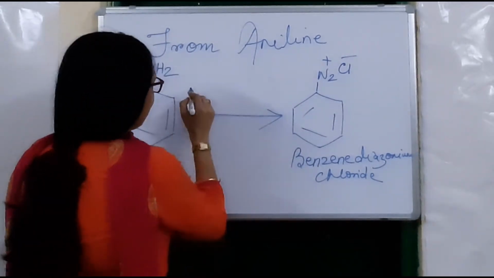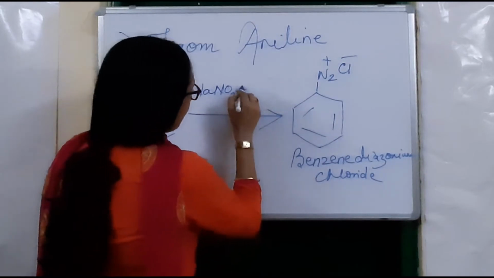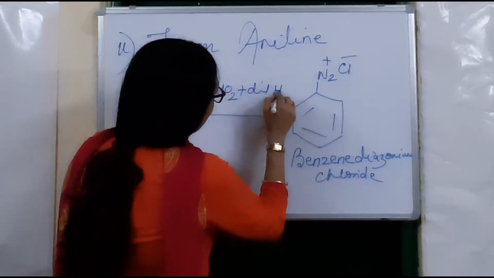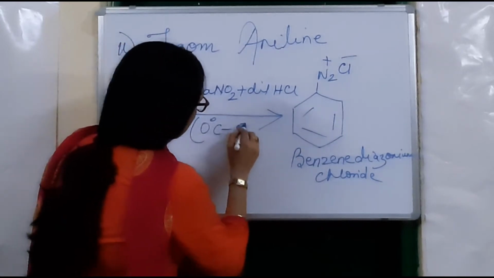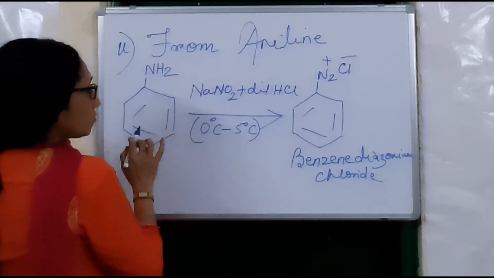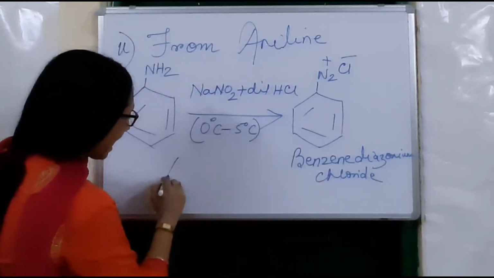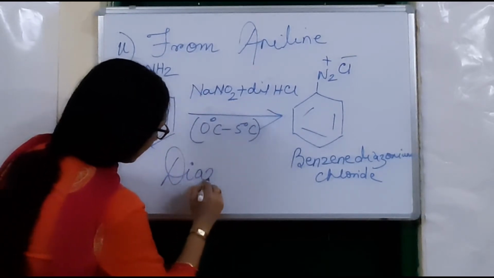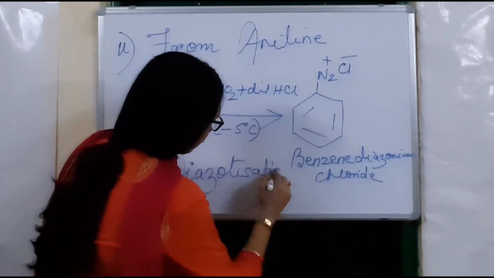We will treat aniline with sodium nitrite plus dilute HCl at 0 degree centigrade to 5 degree centigrade. Now this will convert aniline to benzene diazonium chloride, and this reaction is known as diazotization.